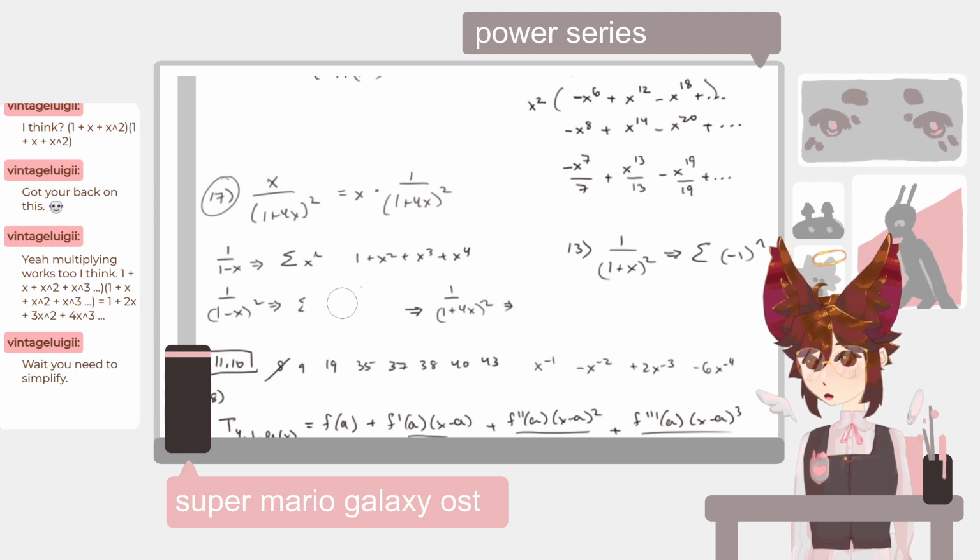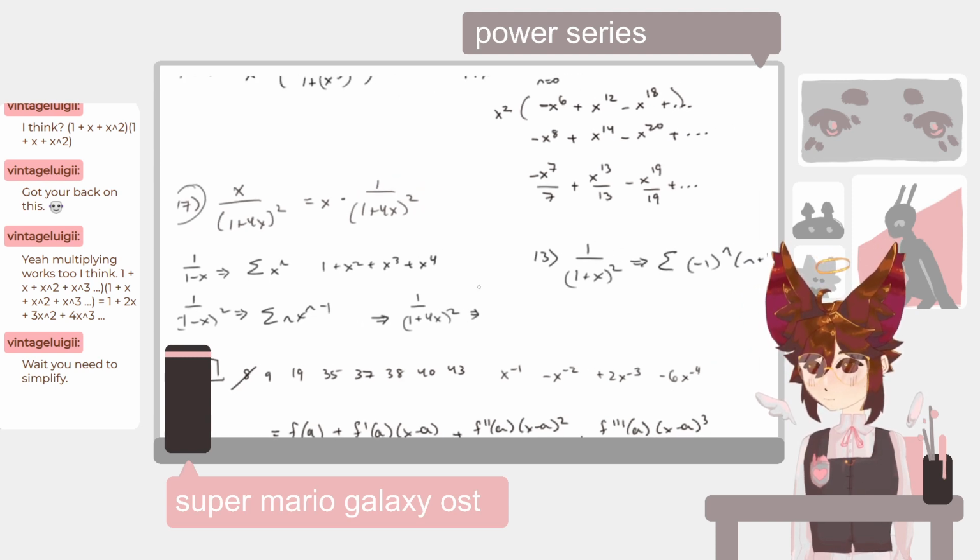It's n x to the n minus 1. You put this in and you get negative 1 to the n, 4x to the n minus 1.